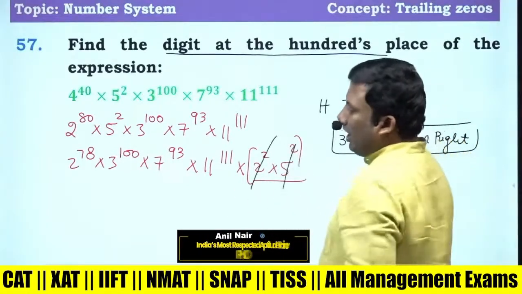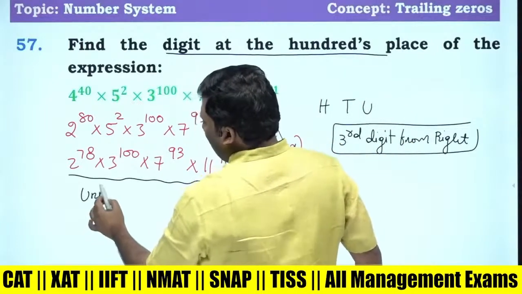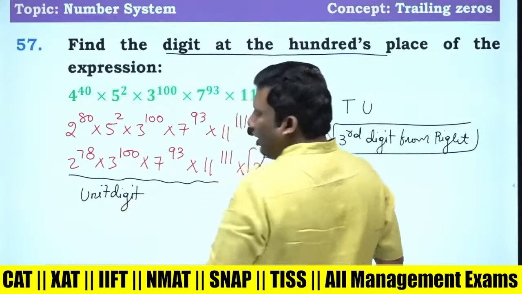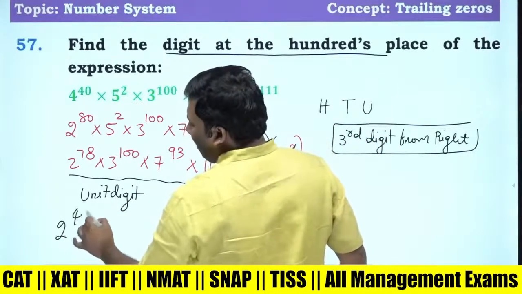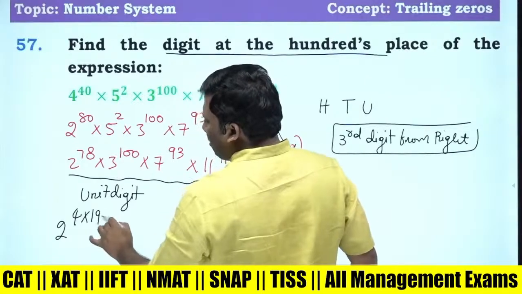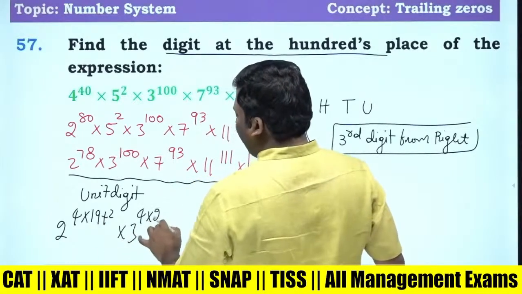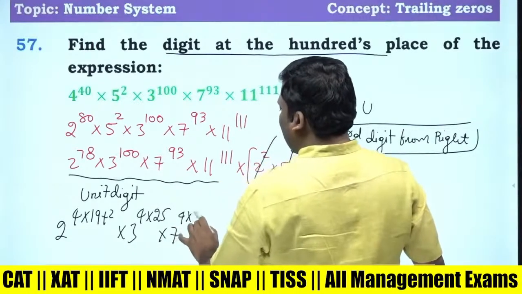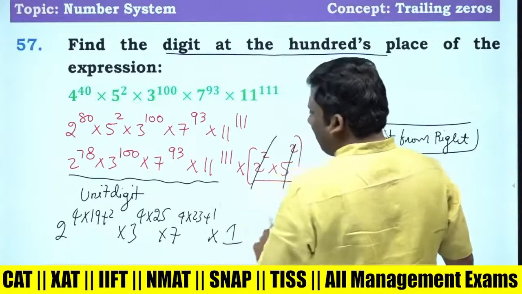That means I need to find the unit digit of the remaining number. How to find the unit digit? Use the cyclicity of 4. 100 is 4 into 25, 93 is 4 into 23 plus 1, 78 is 4 into 19 plus 2. 1 power any number will be 1.